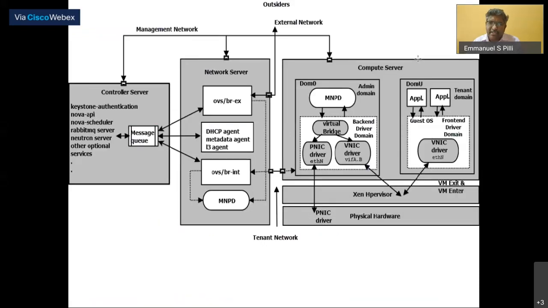You see it in a bigger screen, so you have different links also, which are kind of shown. This is a link, this is a link. So between these two, there's a link, and different components are there, and different components again. This whole thing is network related, virtual network related, and these are DOM0 and this is DOM2, two different machines are there.